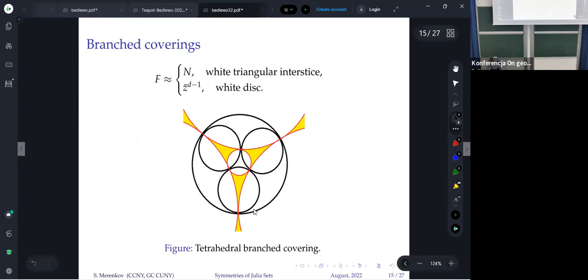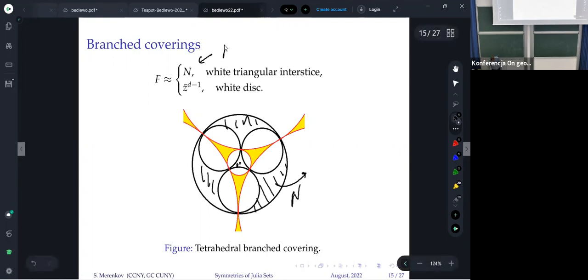You look at these triangular interstices, there are 4 here. On each one of them, you define your branched covering to be a reflection. I called it N because it's Nielsen's map, defined on these triangular interstices. Nielsen's map is a piecewise defined map that's a reflection on each respective interstice.